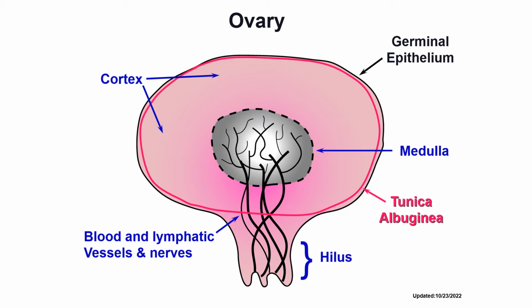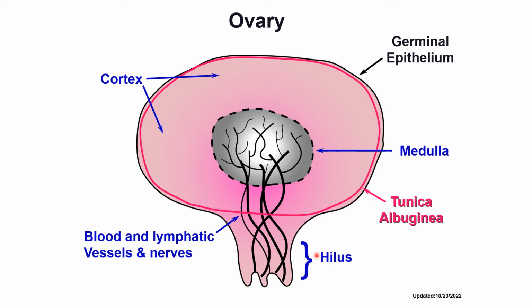This diagram shows the schematic diagram of an ovary. As you can see here, a typical ovary is divided into the cortex and the medulla: the outer cortex and the inner medulla. The medulla is mainly composed of connective tissue and blood vessels, and the nerves enter the ovary through the hilus.